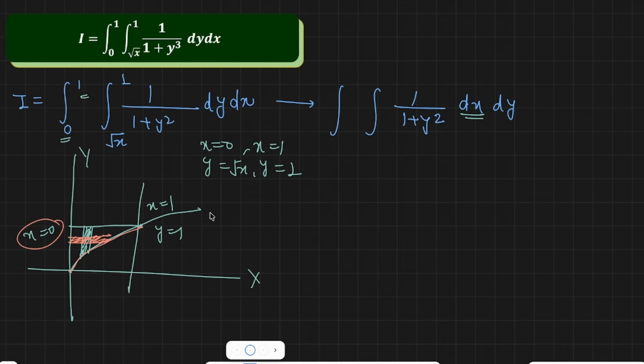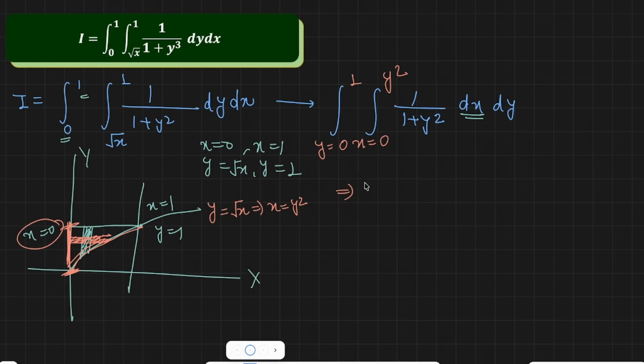What is this graph? This graph is y is equals to root x. Then what is the value of x? X is equals to y square. So here the limit will be from where? From this line to this graph. X is equals to 0 to y square. Okay, and y, see, this is 0 to 1. Y is running from 0 to 1.